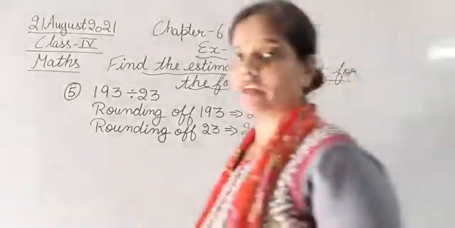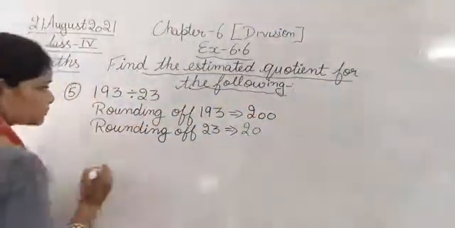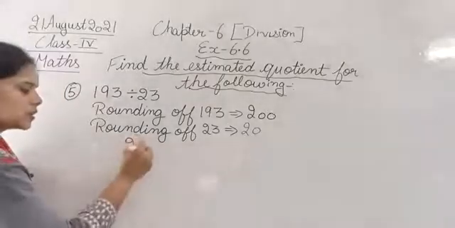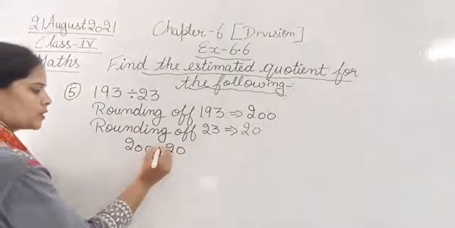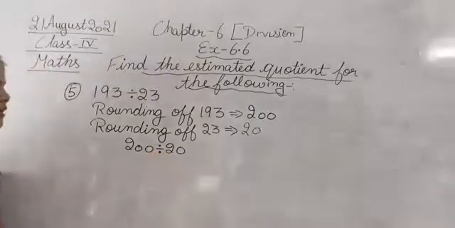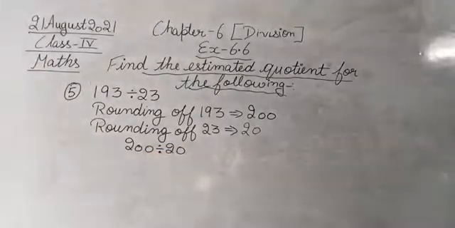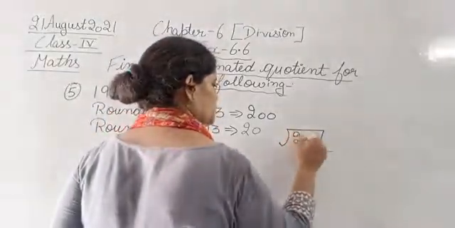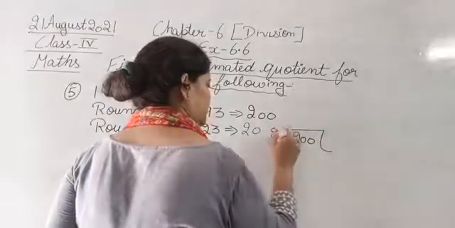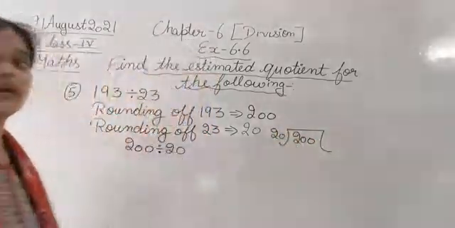Now we will do the division. 200 divided by 20. Let's divide 200 by 20.